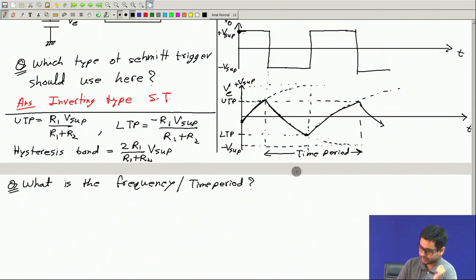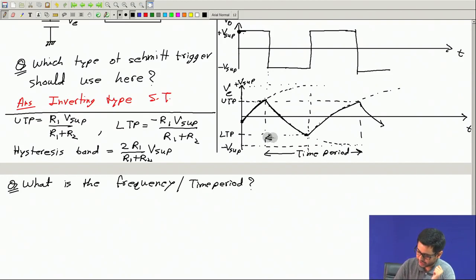Also you see that these two halves are symmetric. So this and this are symmetric. Therefore these two times are the same.